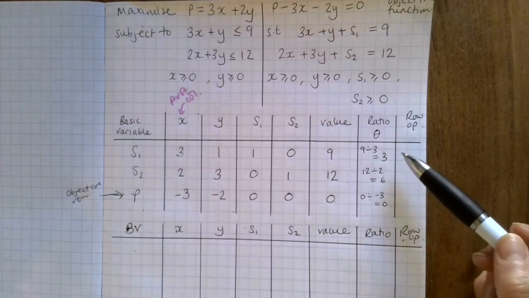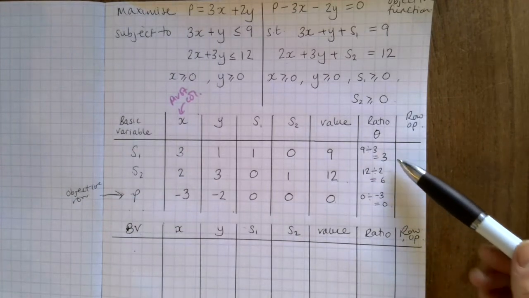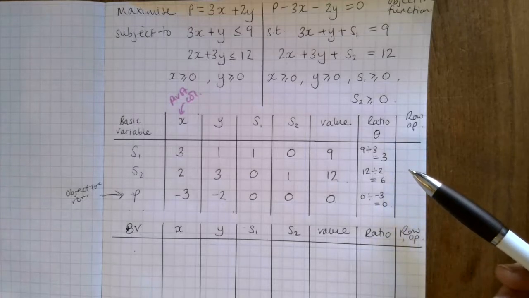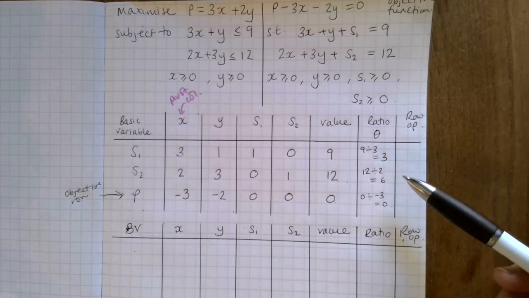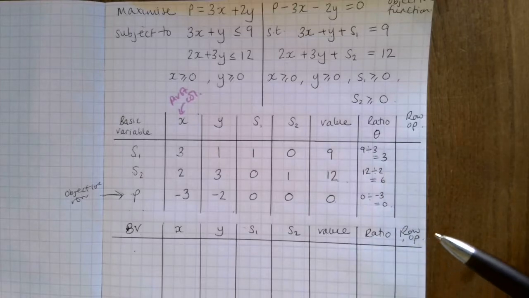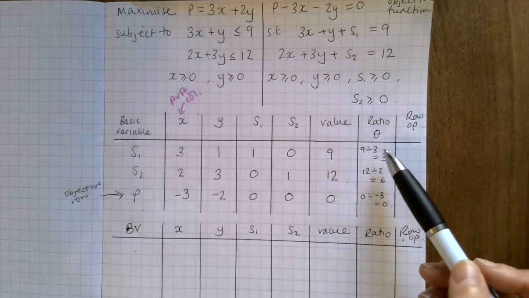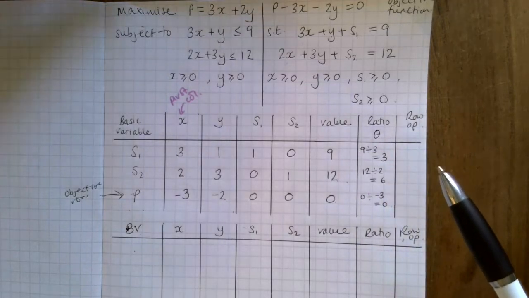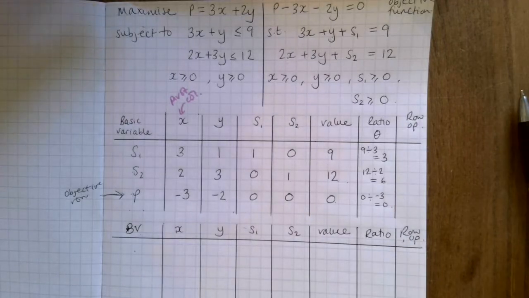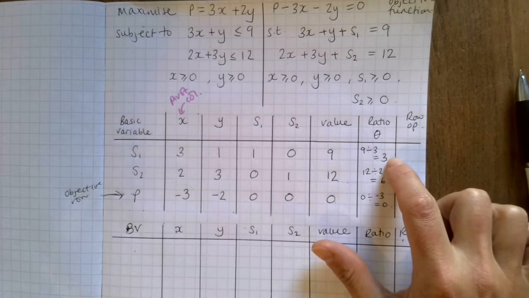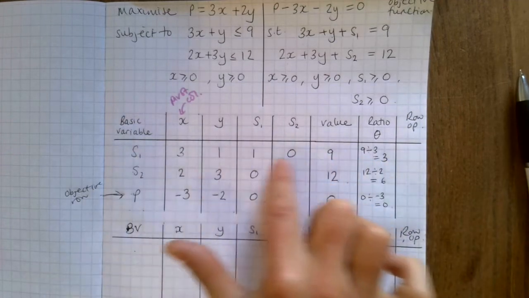Now, in order to choose the right one, we want to go for the lowest positive value. We don't want any negative ones. So our smallest positive value of theta is this one here, the top row.